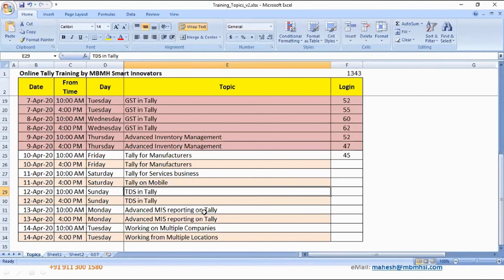On Sunday we will be taking TDS, that is, tomorrow we will be taking the TDS session. We have planned our topics accordingly so that it's easier, people can link one to another. So Sunday we will be discussing TDS, Monday we will be discussing advanced MIS reporting, and Tuesday we'll be discussing multiple companies and multiple locations. So these are all the topics we had initially planned.